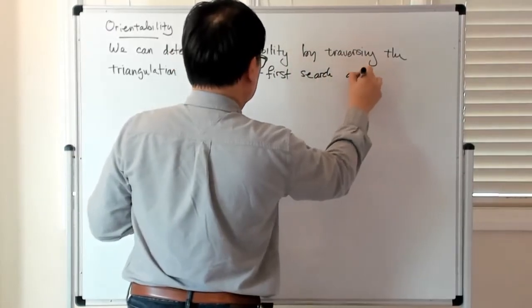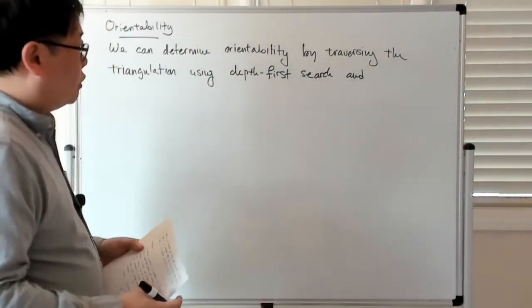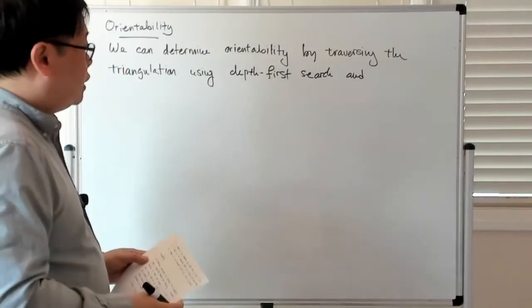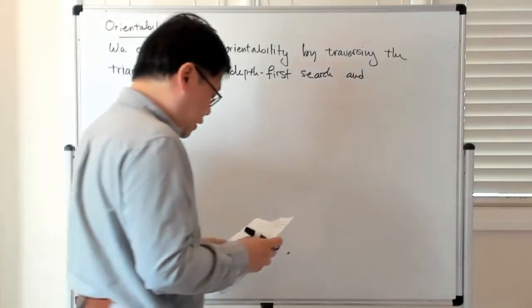And then each time you visit, well, the first time you visit a node, you assign some sort of compatible orientation. And if you happen to revisit the node again, you check whether or not that orientation is compatible with the one which you have.